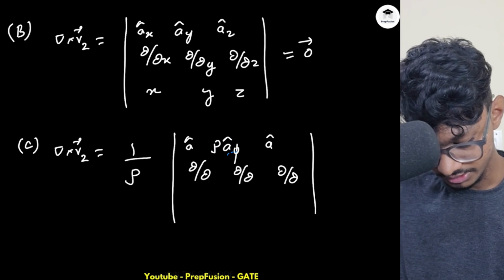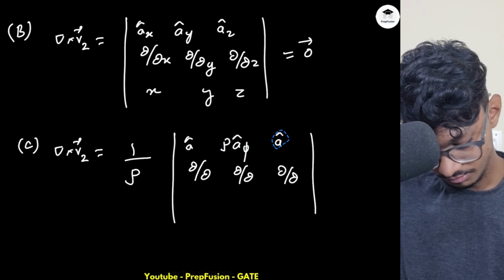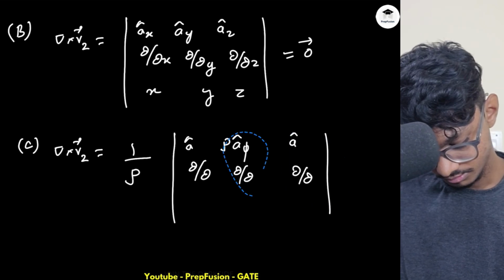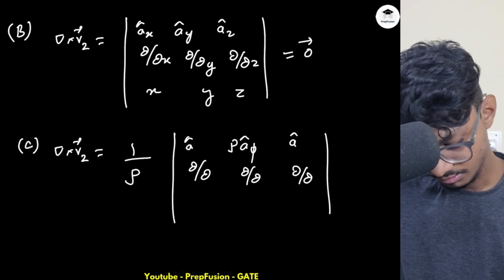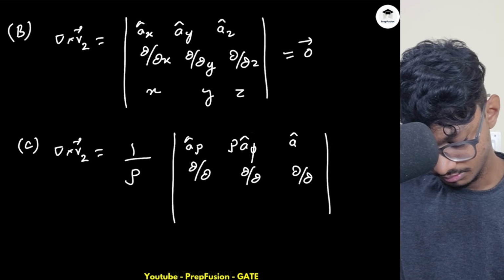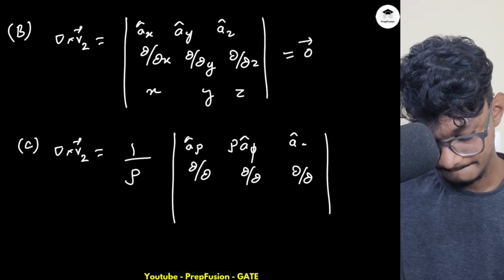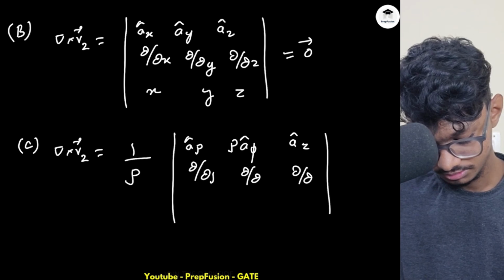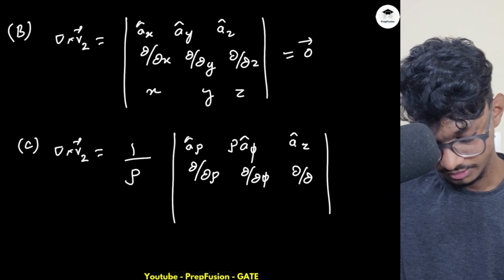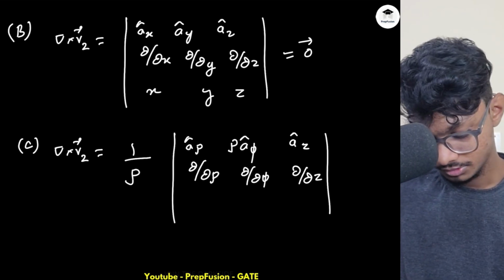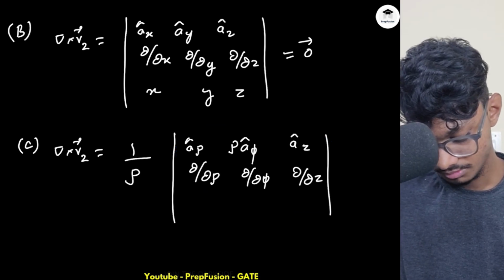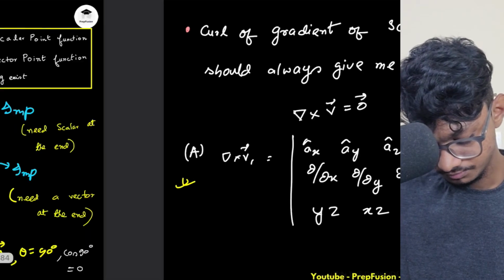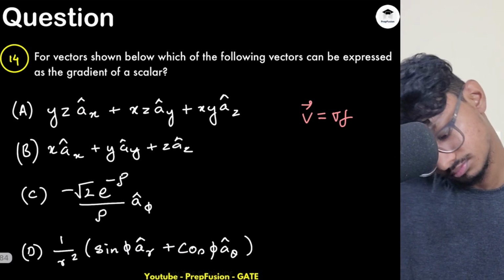All of the others will be the same. The determinant has a rho, a phi, az. What is d phi?